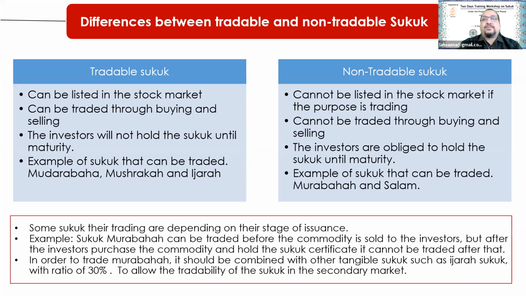This is what we call hybrid Sukuk structures. It means they are trying to mix the debt portfolio, receivables of Murabaha or any other debt portfolio, with the 30% tangible assets in order to create a securitization, which allows tradability in the secondary market.